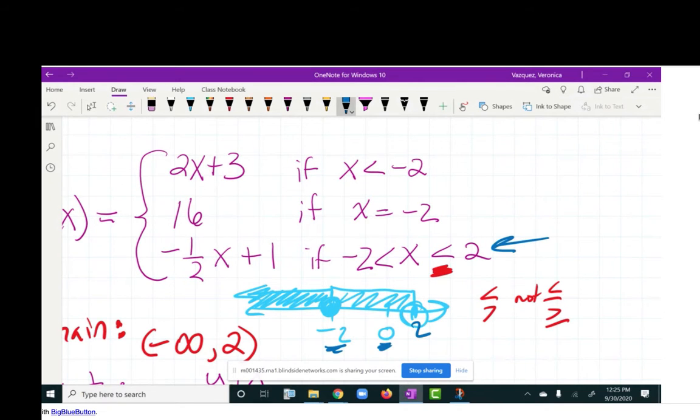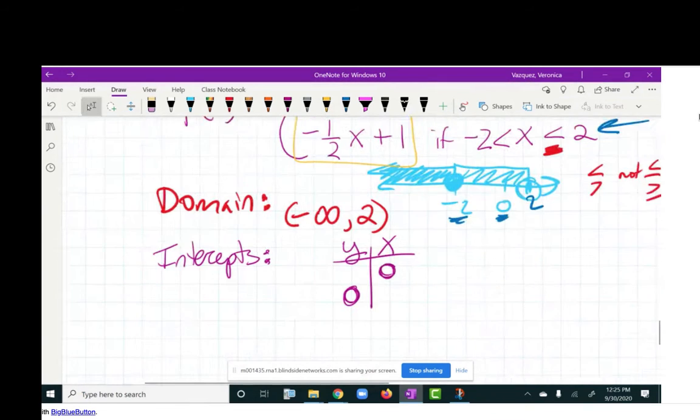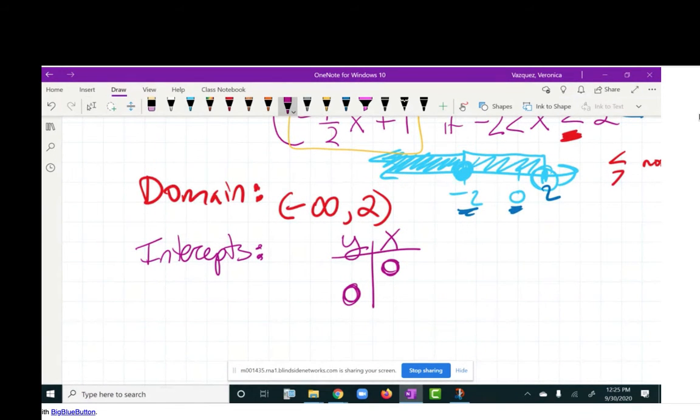If we put 0 in for x, we should get 1 for y. So our y-intercept is x equals 0, y equals 1. I realize I wrote that in a confusing way. I should have written it as an ordered pair: x is 0, y is 1.